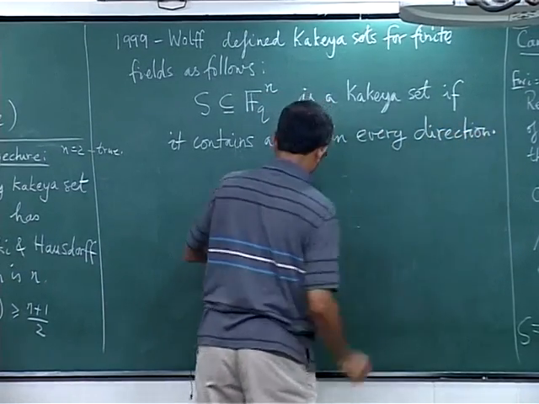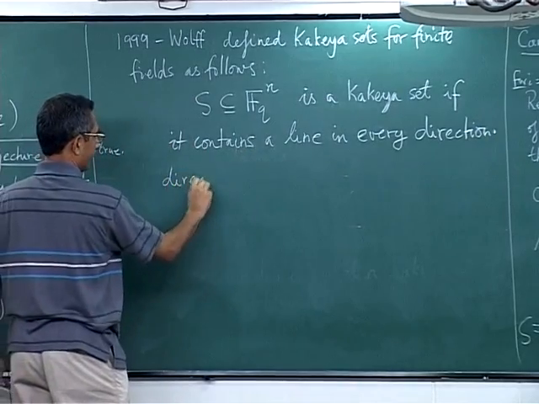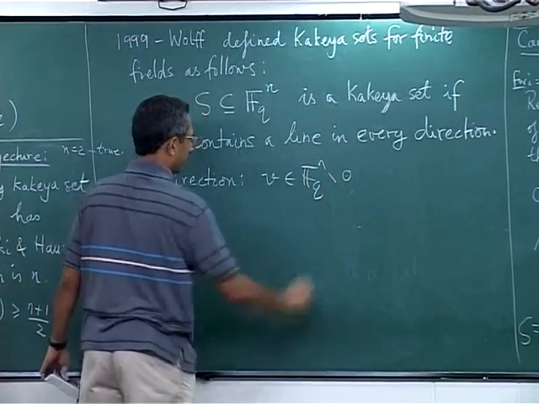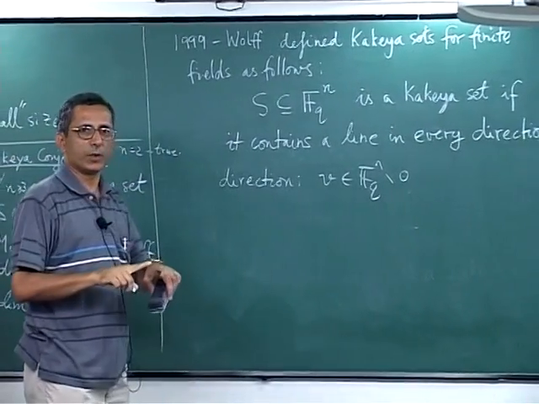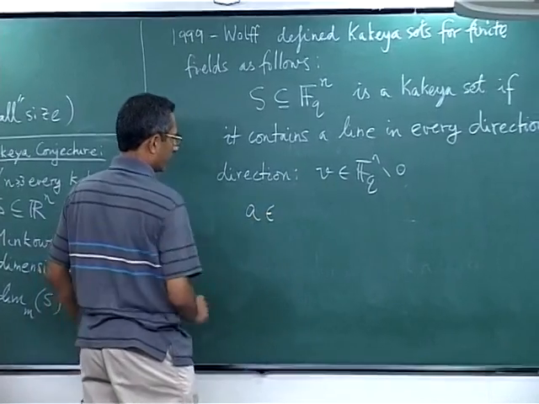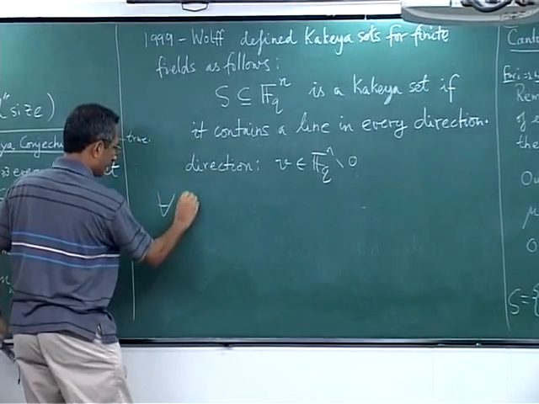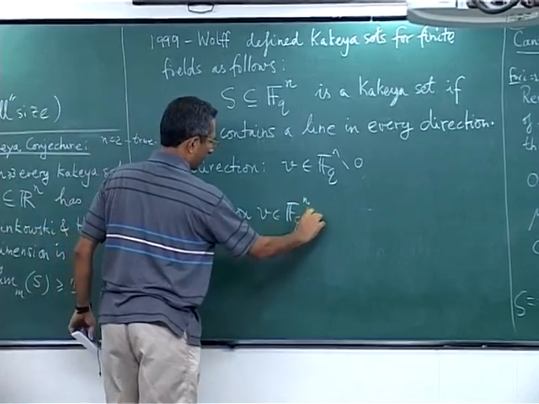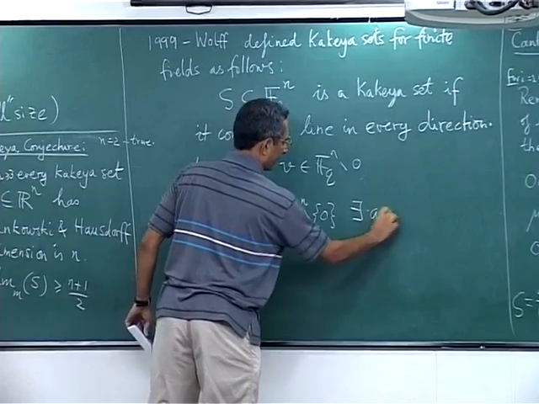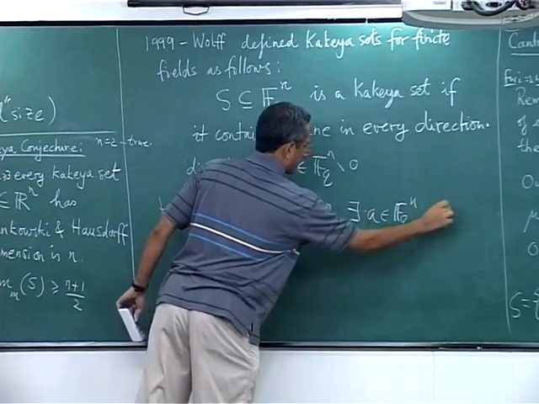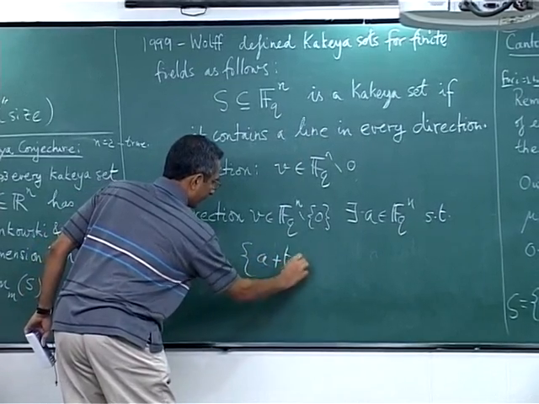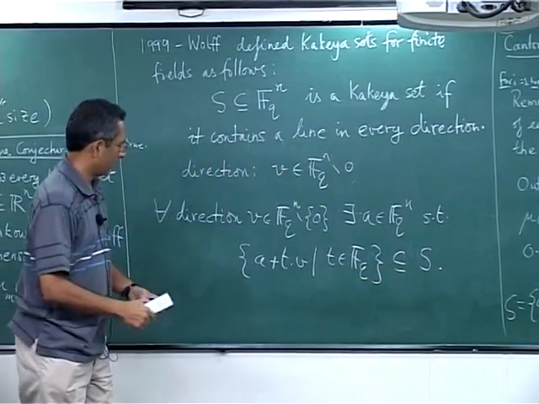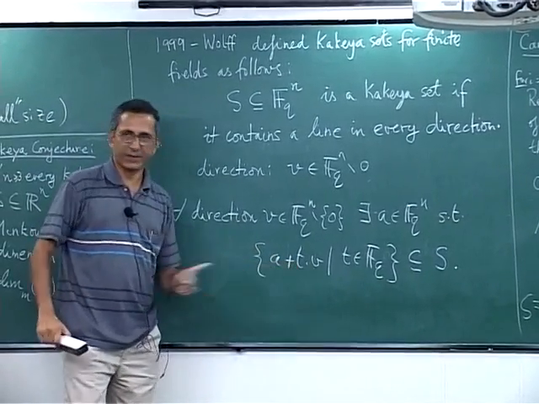What does that mean? As we explained last time, a direction is a non-zero vector v in Fq power n minus 0 that gives the direction, and it passes through a point A. So when you say there is a line in every direction, for every direction v in Fq power n minus 0, there exists an A in Fq power n such that this set A plus t times v, where t belongs to Fq, is contained in S. So this is a line through the point A in direction v.